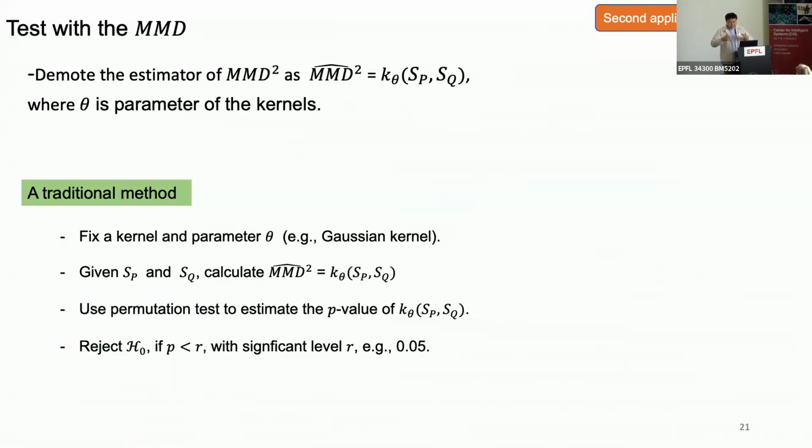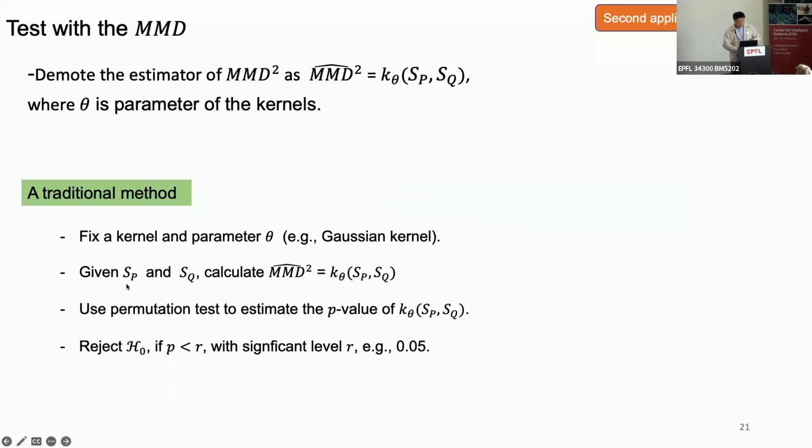First, we fix a kernel. For example, we use a Gaussian kernel and fix its parameters. For example, inside the Gaussian kernel, we have some length scale. We can fix it; we just manually choose a number.